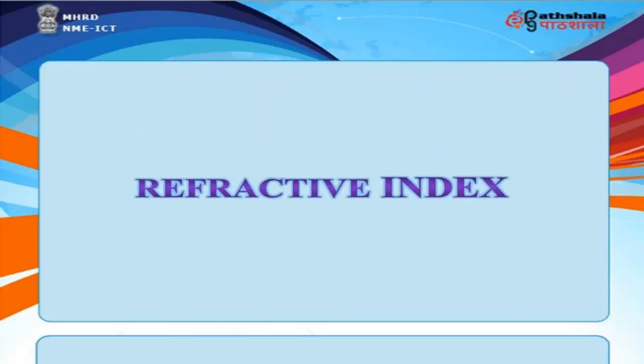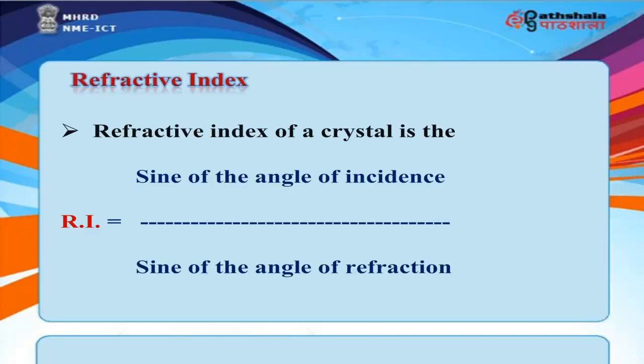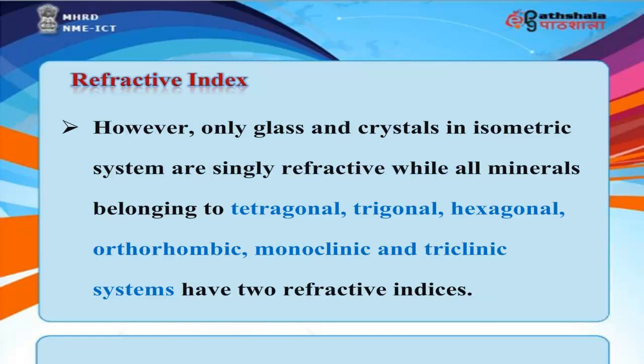Refractive index. Refractive index of a crystal is the sine of the angle of incidence divided by the sine of the angle of refraction. However, only glass and crystals in the isometric system are singly refractive, while all minerals belonging to tetragonal, trigonal, hexagonal, orthorhombic, monoclinic and triclinic systems have two refractive indices.